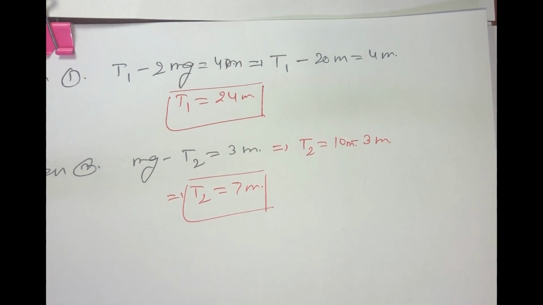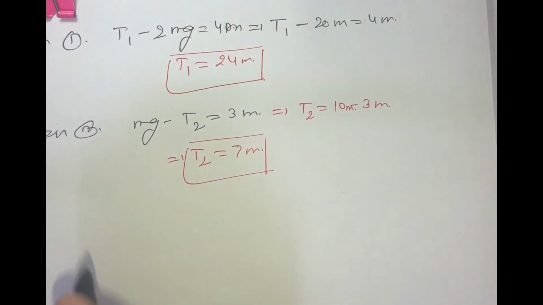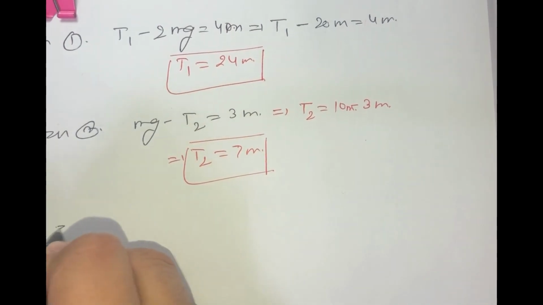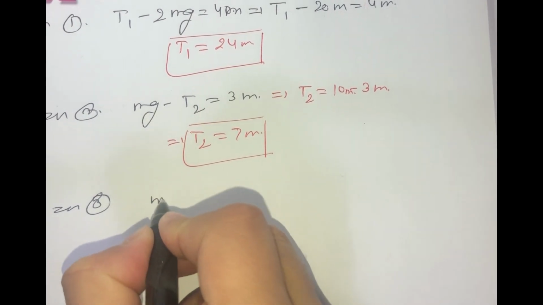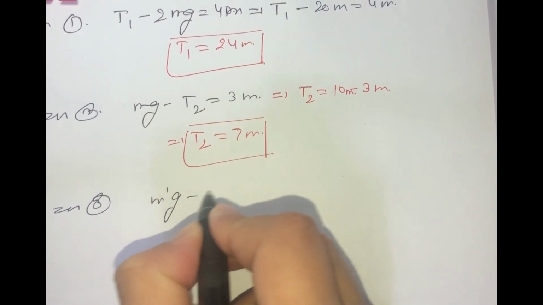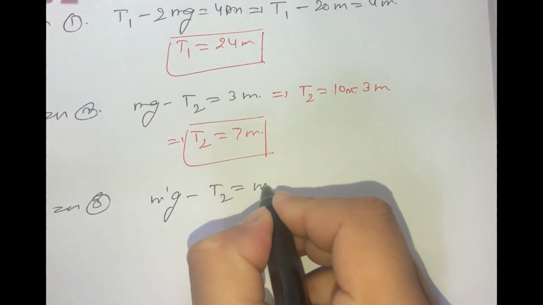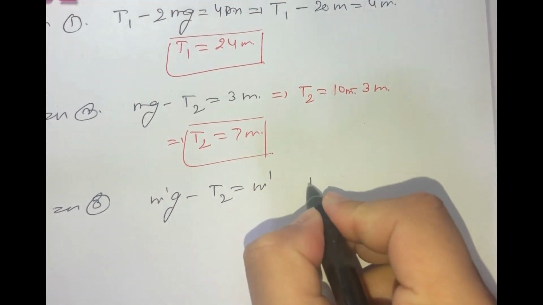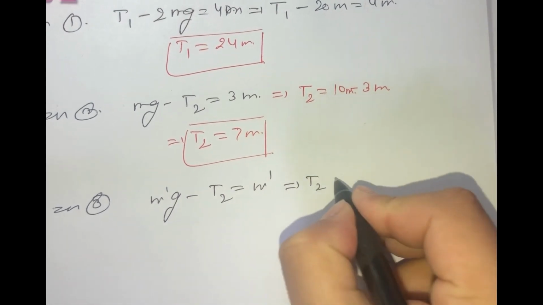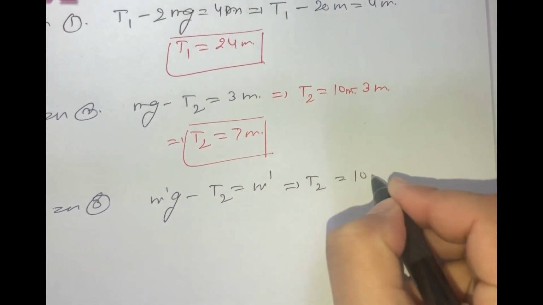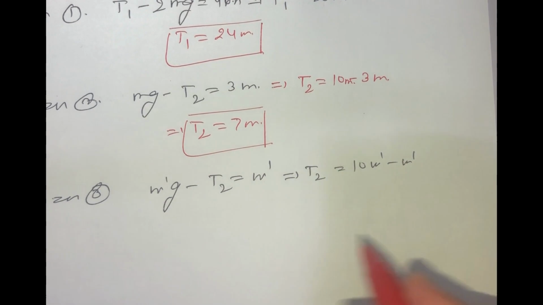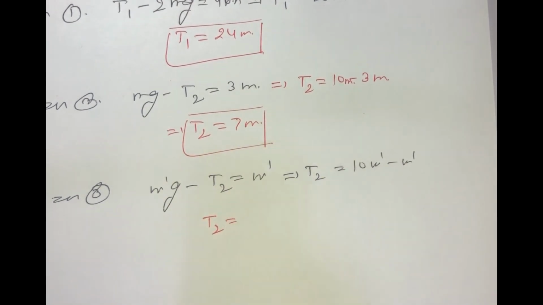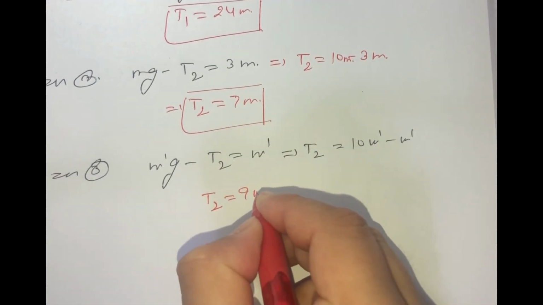And from equation 3, we have m prime g minus T2 is equal to m prime. We get T2 is equal to 10m prime minus m prime. So we get T2 is equal to 9m prime.